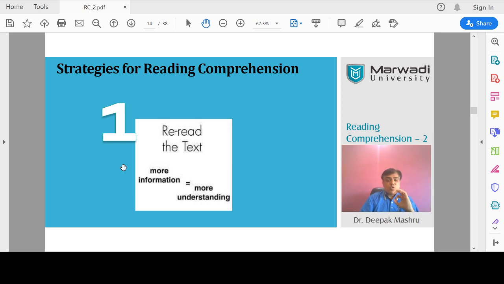The most common problem which has been found in Indian students, rather Gujarati students, based on my experience of teaching Gujarati students for more than two decades, is the problem of regression. What is regression? Regression means you read the first line, you reach the second line, and you forget the first line.